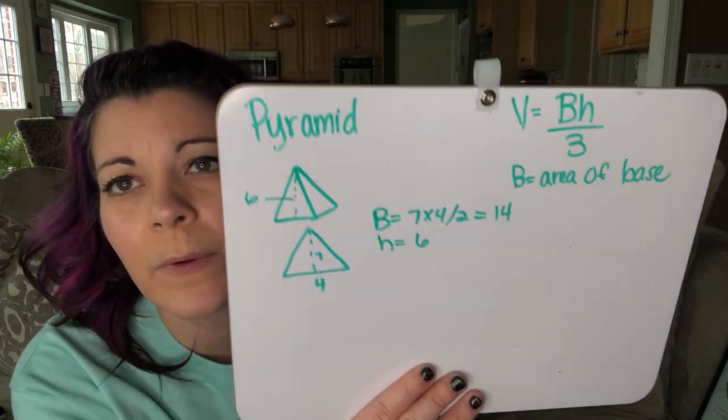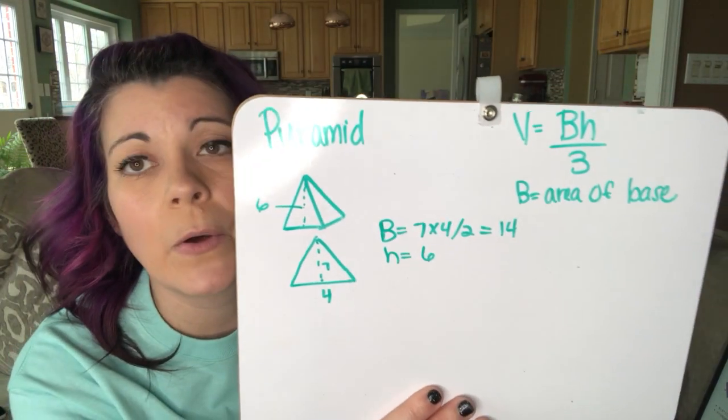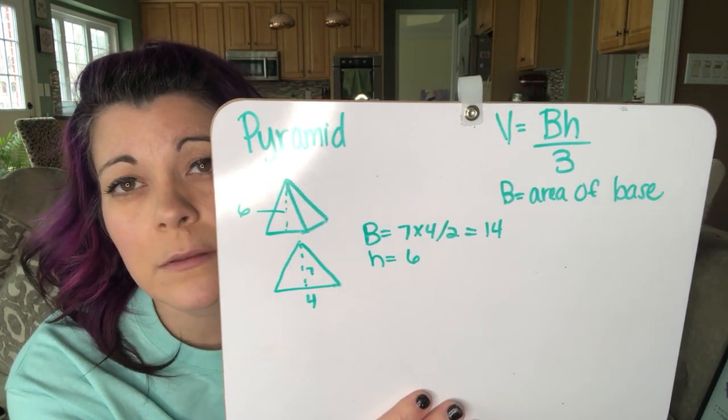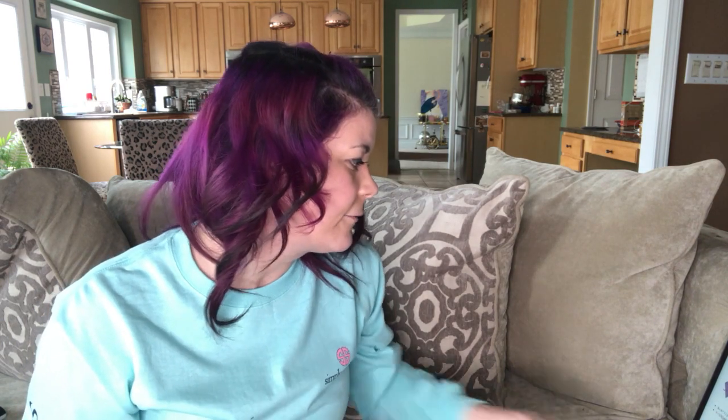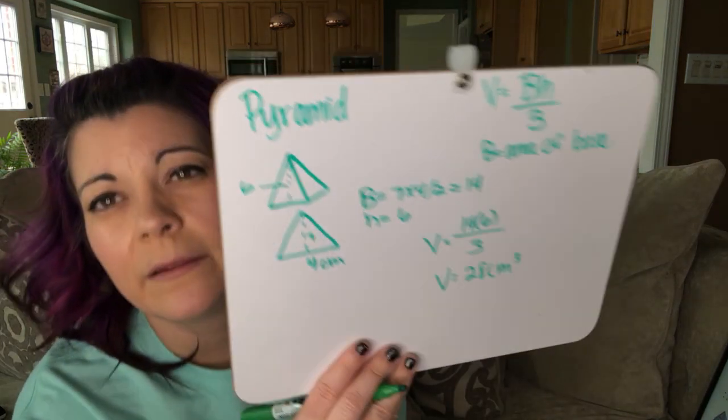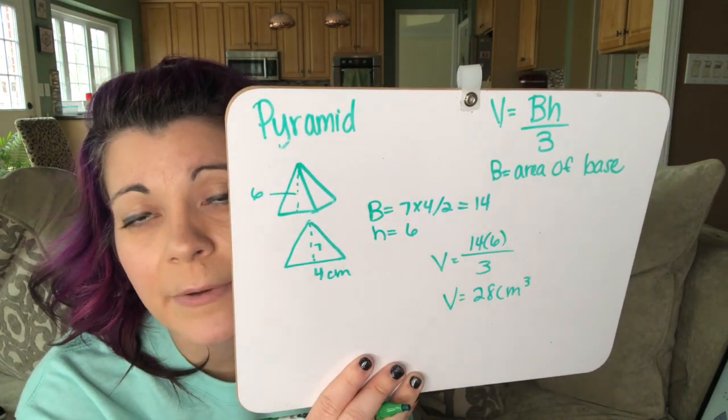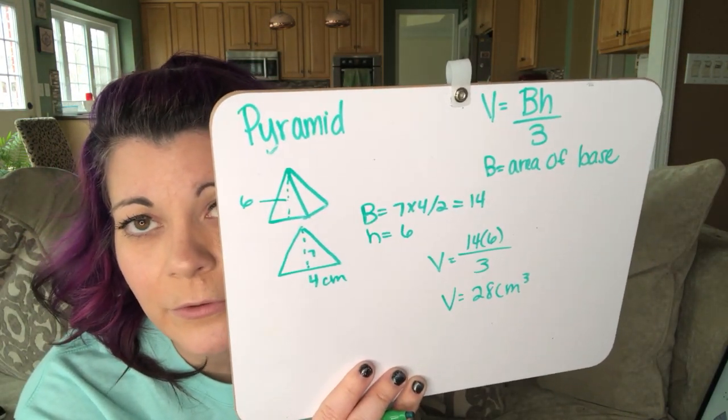So we have the B, which is 14, times the height, which is 6, and then all divided by 3. When we do that, 14 times 6 and then divided by 3, we get 28 centimeters cubed.